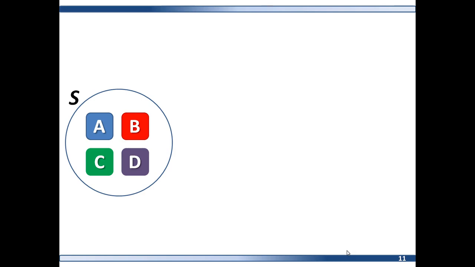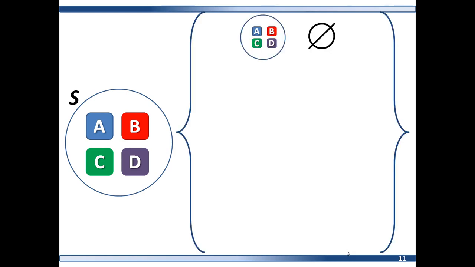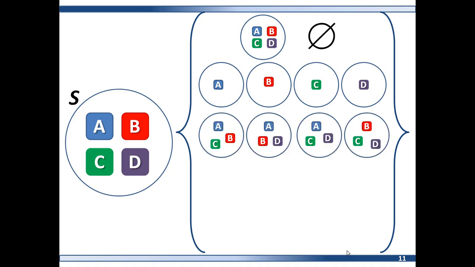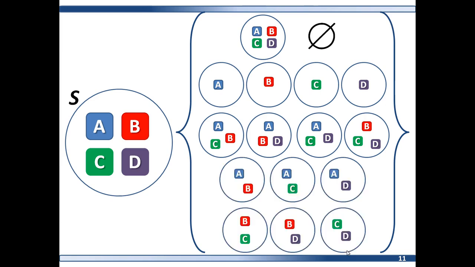So let's go through creating this power set. Start with the original set and its complement, the null set. Then each element in the original set is in the sigma algebra, and each of their complements are in the sigma algebra. And all the unions are in the sigma algebra. So let's start with the two-way unions.